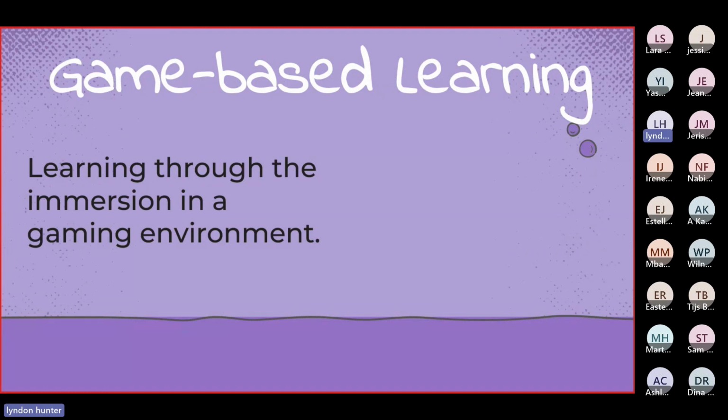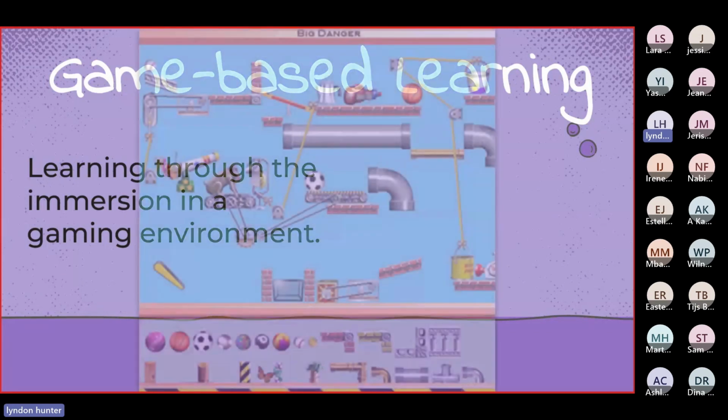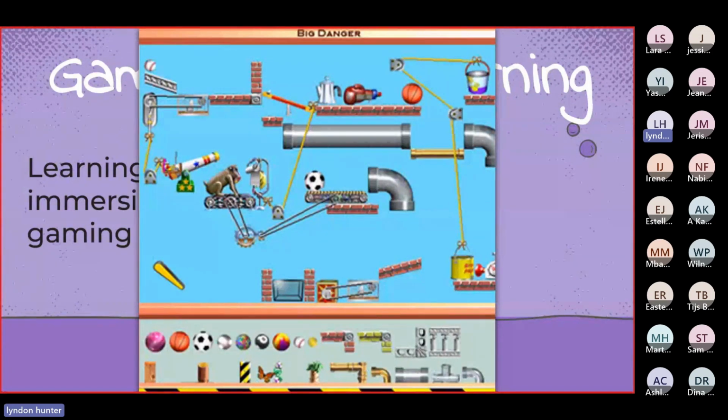So we will do a game-based learning. There will be a gaming environment, like in a computer lab, or you can do it in your class. You can sit with tablets, your cell phones, your smartphones, etc. This is just one of the games that can be played.